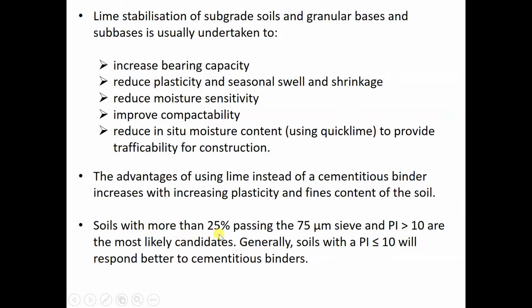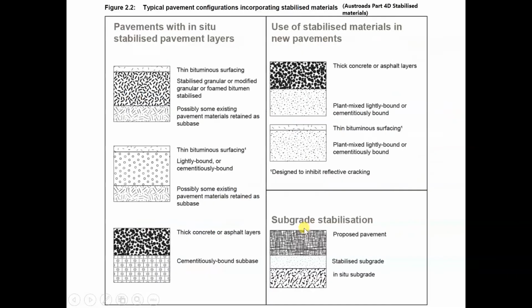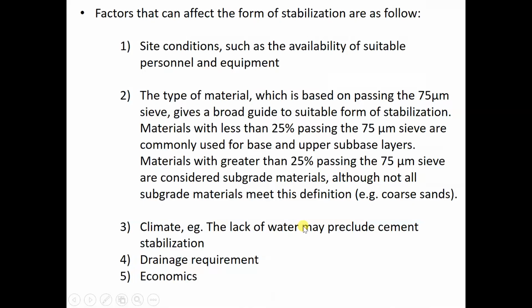Soil with more than 25% passing the 75 micrometer sieve. So for the subgrade, if more than 25% passes the 75 micrometer sieve, it is considered subgrade material.